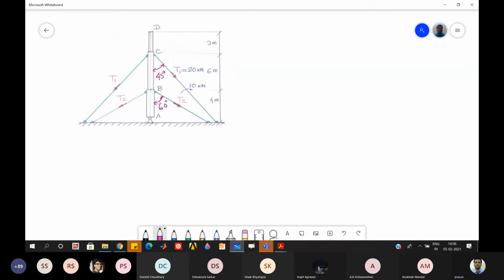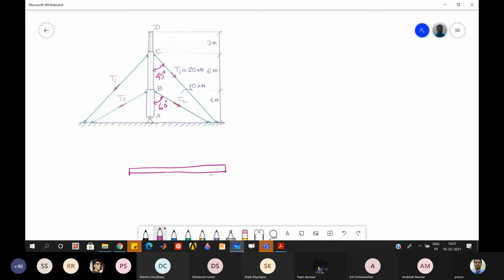Generally we draw the member aligned in the horizontal direction, and then we draw the axial force along the y-axis, and the length will be shown along the x-axis.